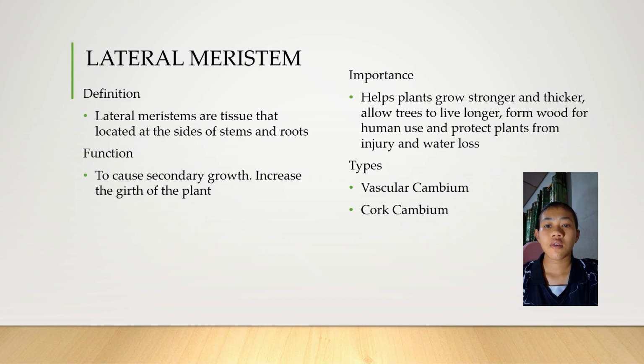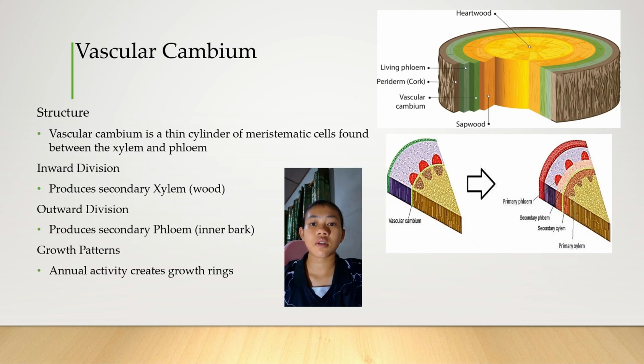First is vascular cambium. Vascular cambium is a thin cylindrical layer found between the xylem and phloem, and it forms a continuous ring in stems and roots and plays a major role in increasing plant diameter.